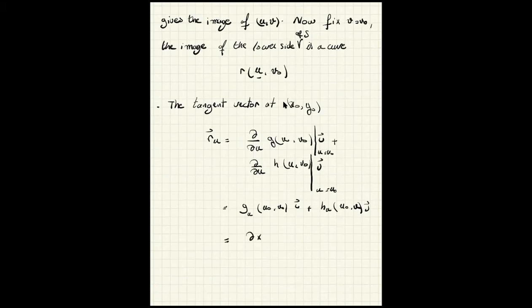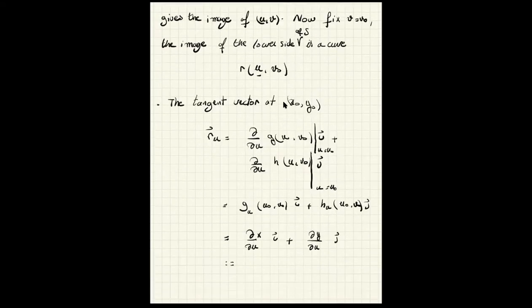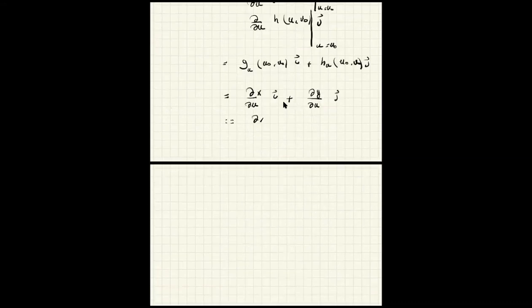Okay, so here again comes what I said. This is what the book says, but you really want to understand what it means. If you really want to follow the book, this is what it says, but make sure you understand that what it actually means is del x/del u evaluated at the point (u0, v0) i plus del y/del u evaluated at the point (u0, v0) j, right?